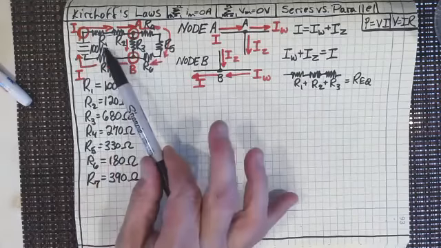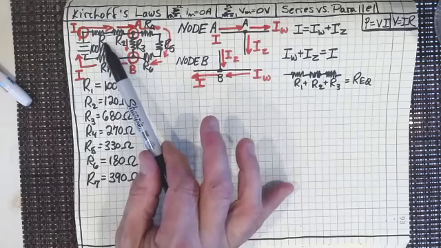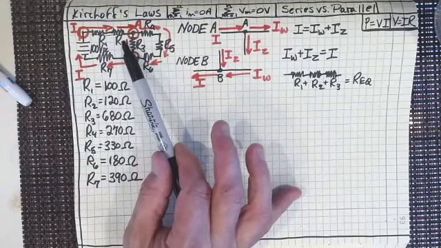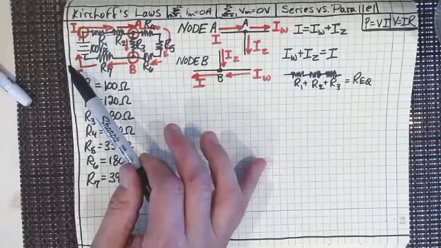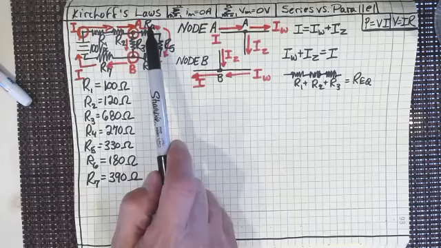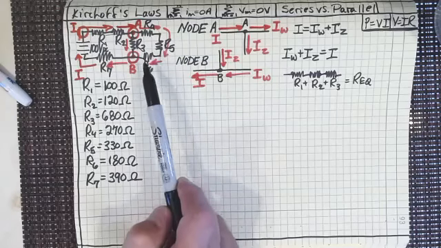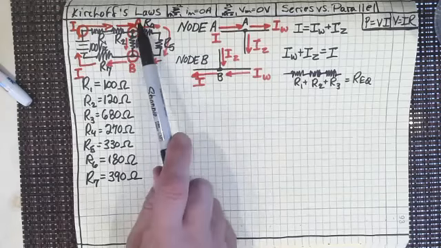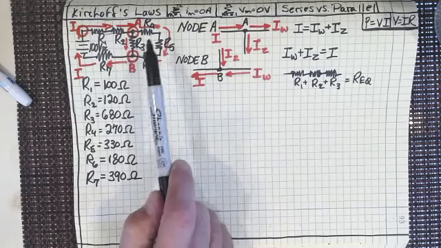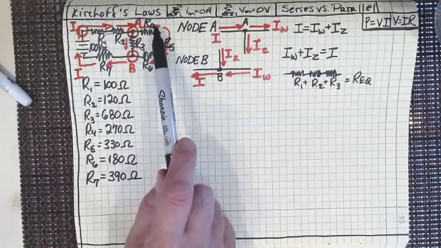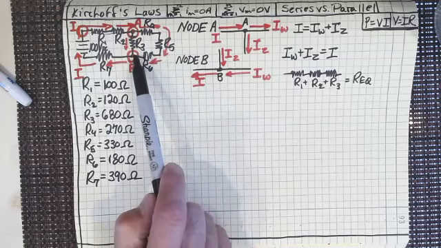You can see some resistors in series that we've got here. R1 and R2 are in series with one another, aren't they? Yeah. How about R4, R5, and R6? Aren't those in series with one another too? So if we wanted to, we could come up with an equivalent resistance here for that, couldn't we?